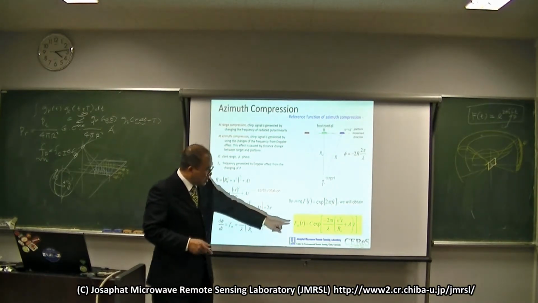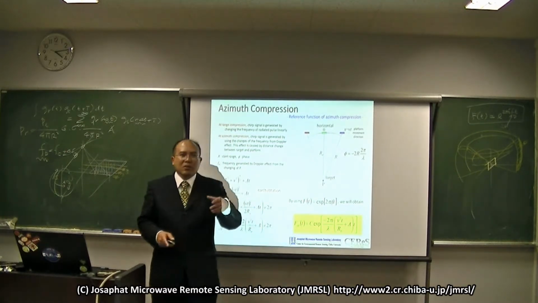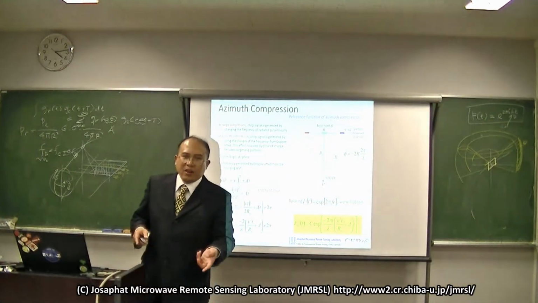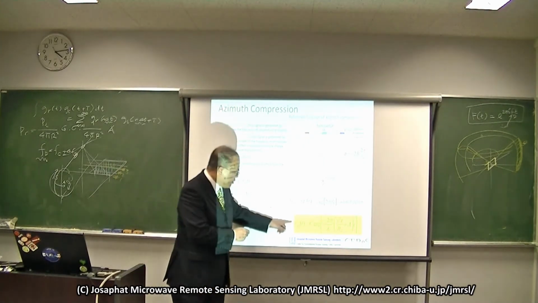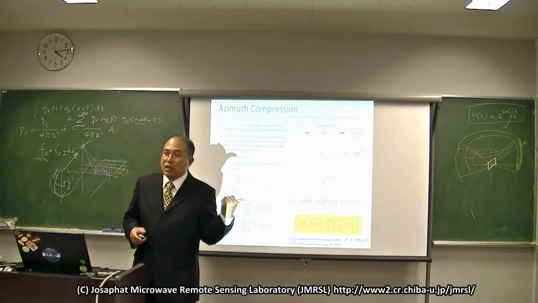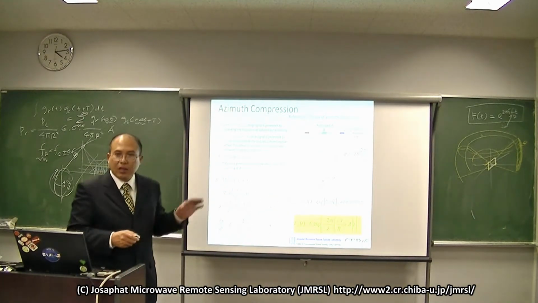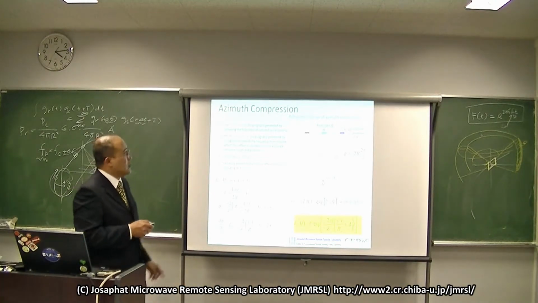But in this case, later you must consider the constant. The constant depends on the power of your radar at the distance. Then you can get the reference function of your radar. It's like this. It is the reference function in azimuth compression, in the azimuth direction.